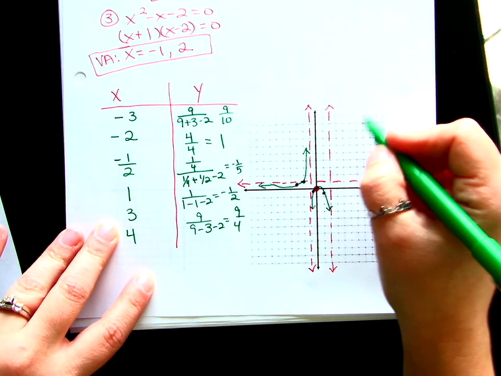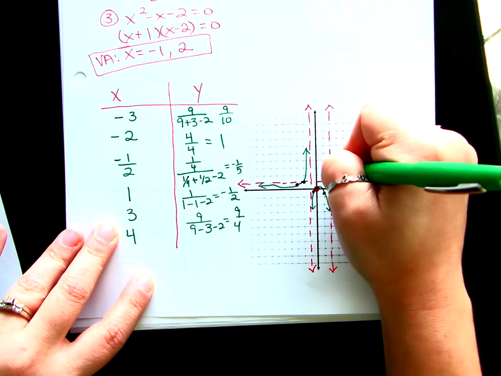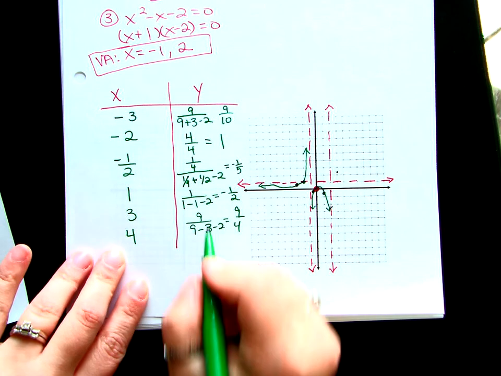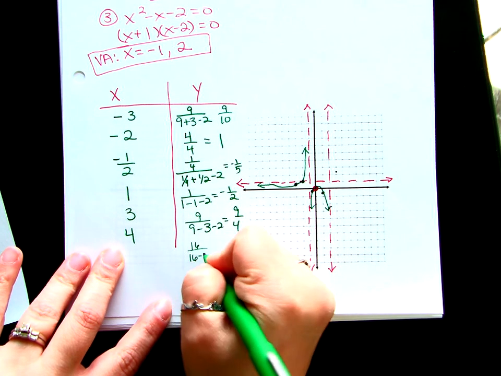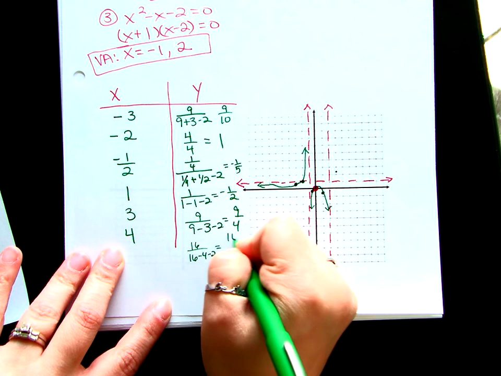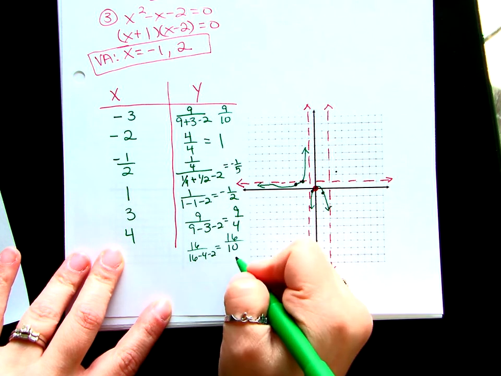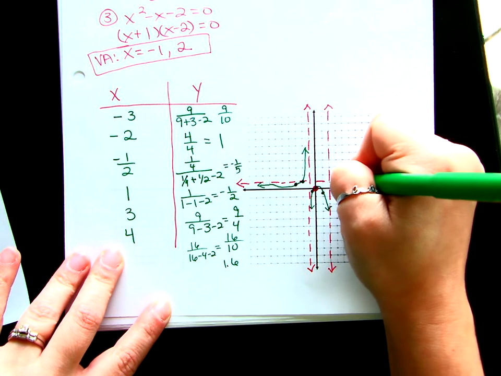So we're up at 1, 2, and a little bit. Then for 4, we're at 16 over 16 minus 4 minus 2, which is 16 over 10, which is 1.6. So like 1.5-ish.